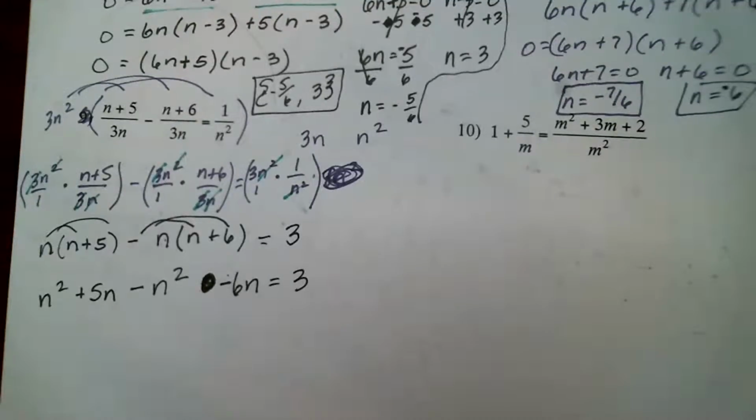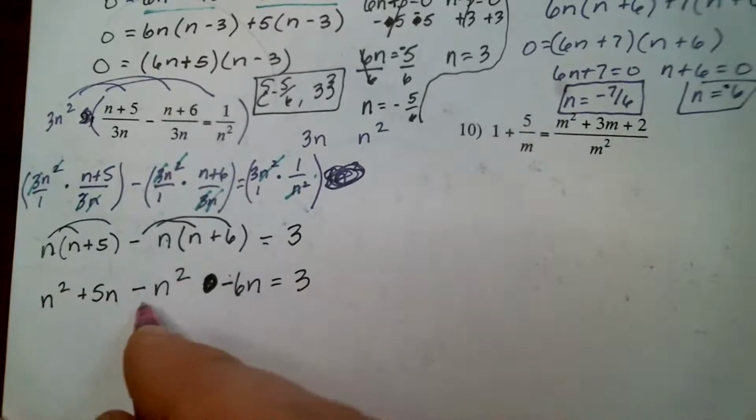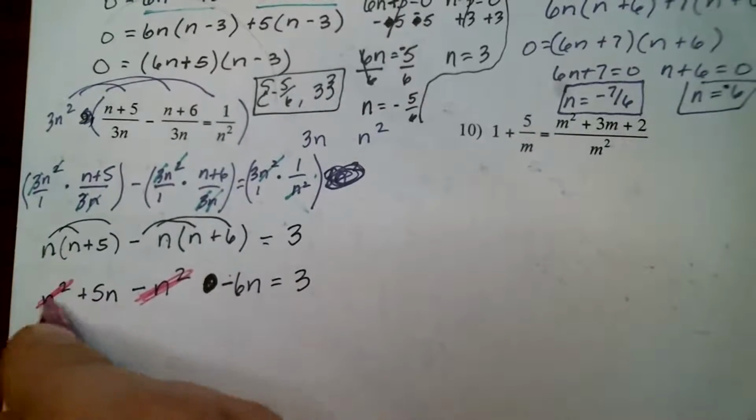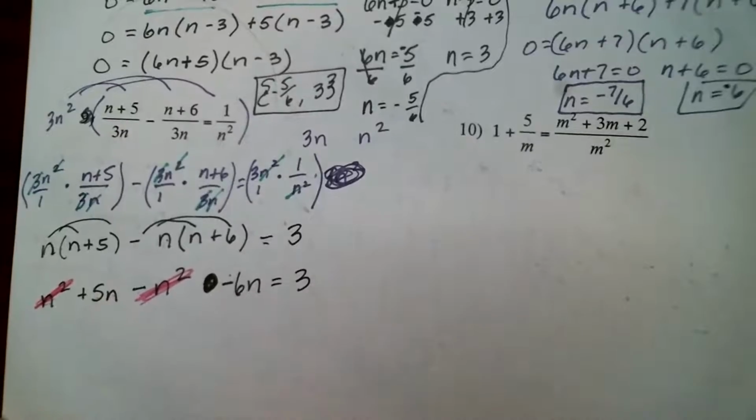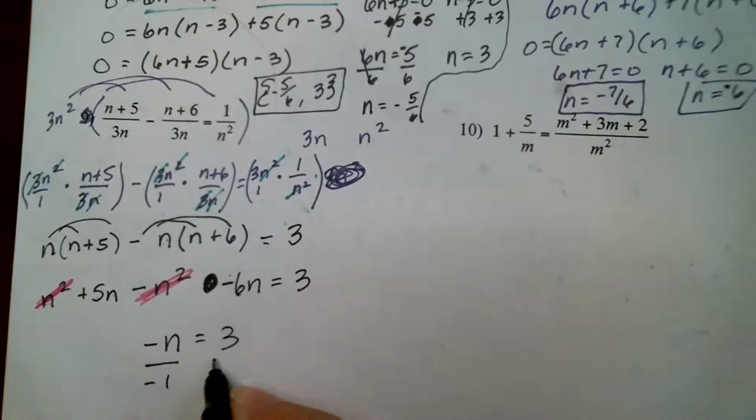All right. Then from there, let's add like terms. n squared minus n squared just cancels. 5n minus 6n would be negative n equals 3. Divide both sides by -1, and we get n is equal to -3.